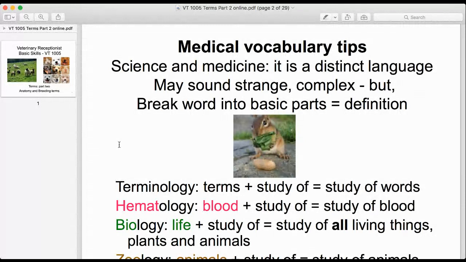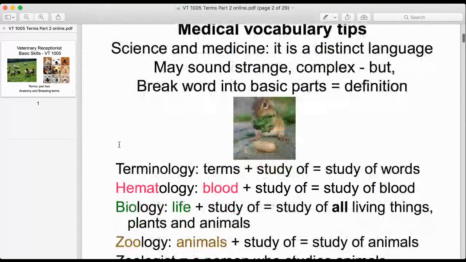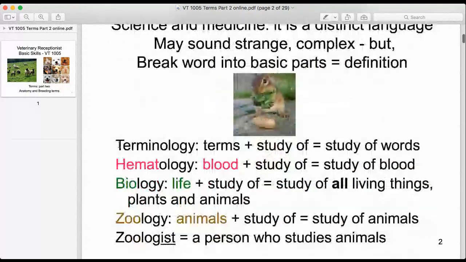So science and medicine is a really distinct language, and at times it can sound very strange and complex. But basically, when you can break the words apart, you will find the definition. And so on this page, with the curious little chipmunk being present, we have several terms: terminology, hematology, biology, zoology, and zoologist.